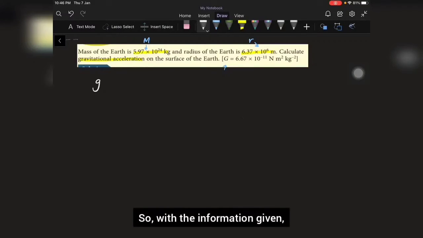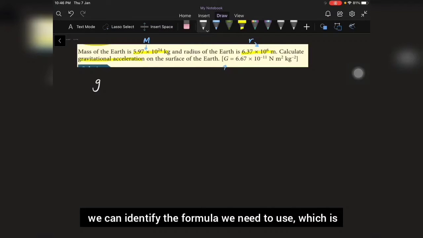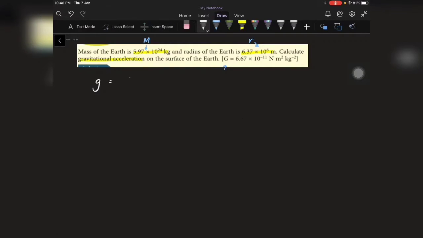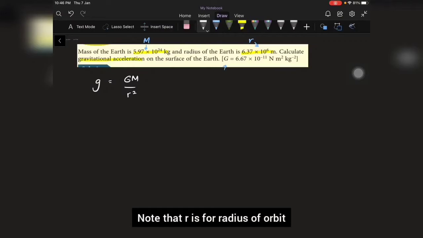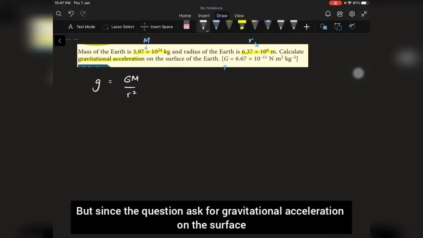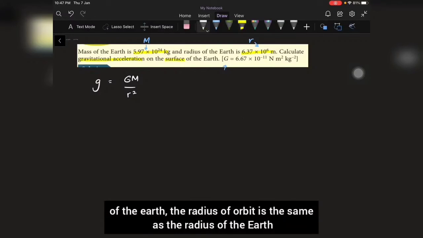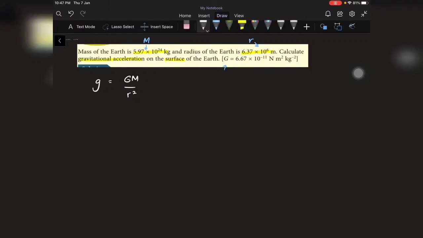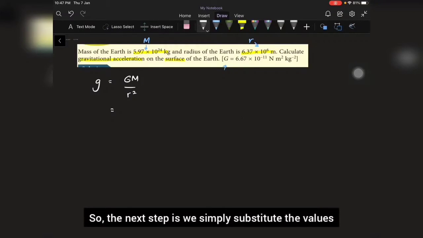With the information given, we can identify the formula we need to use, which is g equals GM over r squared. Note that r is for the radius of orbit, but since the question asks for gravitational acceleration on the surface of the Earth, the radius of orbit is the same as the radius of the Earth. The next step is we simply substitute the values.